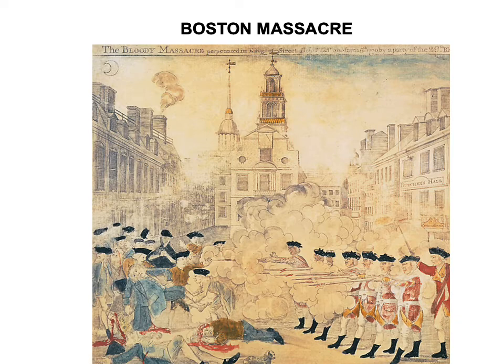In reality, the British troops were not lined up, they were poorly disciplined, and the colonists were throwing heavy rocks and bricks at the soldiers, which of course did not justify the killing of the colonists. But this drawing, which was done by Paul Revere, whom we'll see a little later, a Boston silversmith, produced great emotion throughout the colonies.